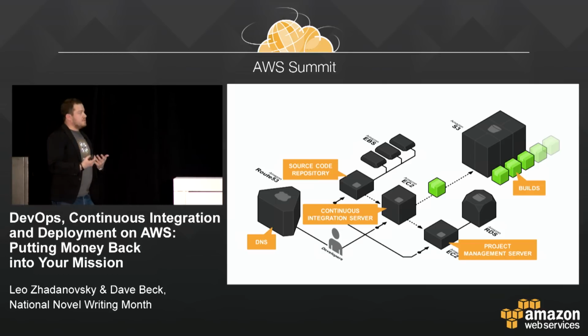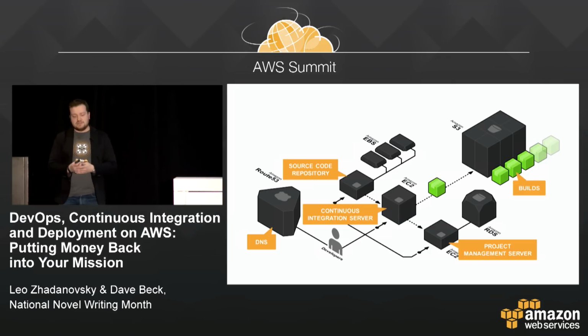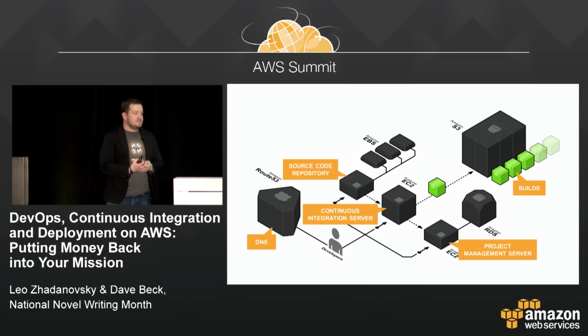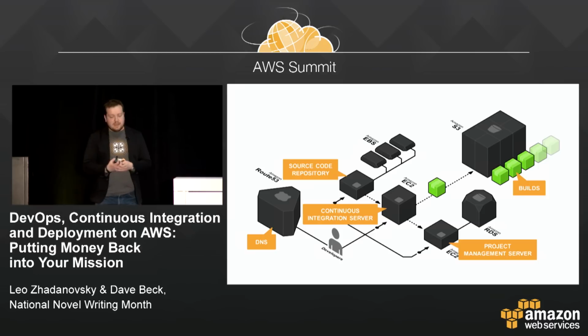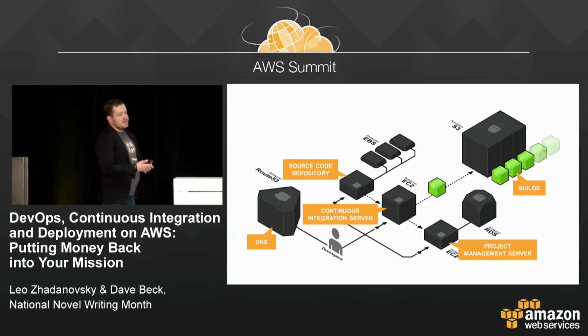You'd have your continuous integration server, like Jenkins or some other continuous integration software, also running on EC2. And then your source code repo could be just plain Git running on EC2. It could be GitHub. It could be Stash. It could be Subversion. Again, whatever you prefer. And then you use Route 53 to point to the proper version of the instance when you update it and such.